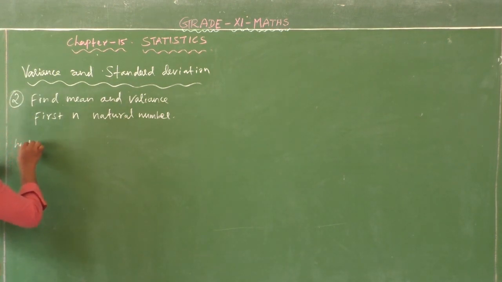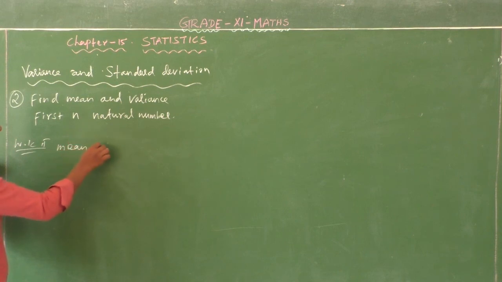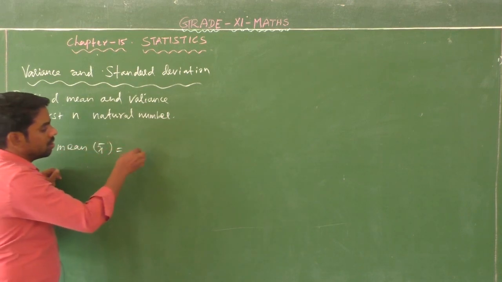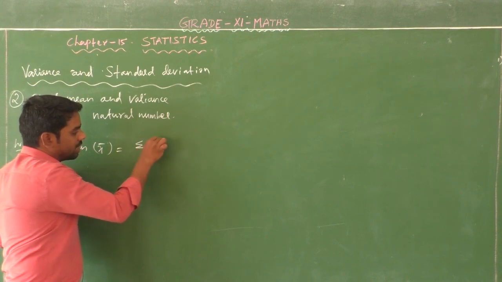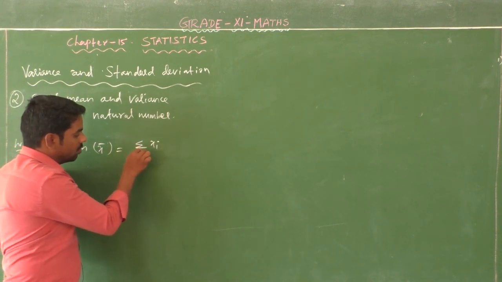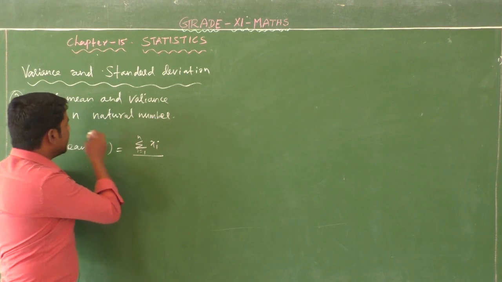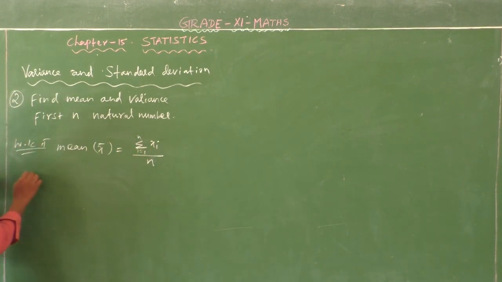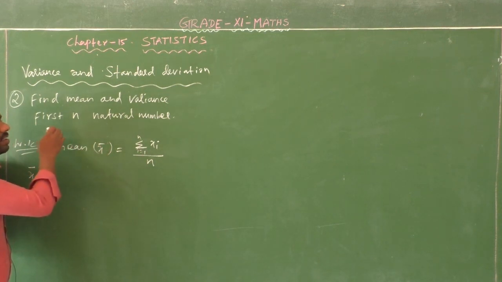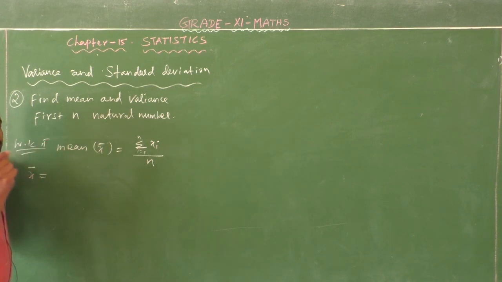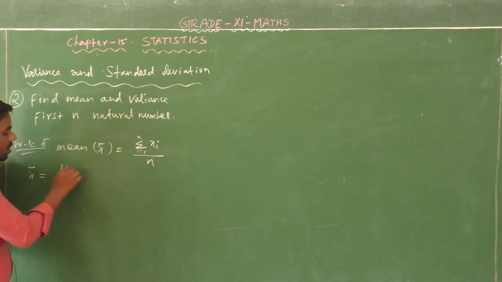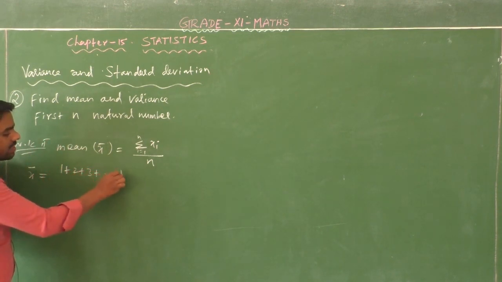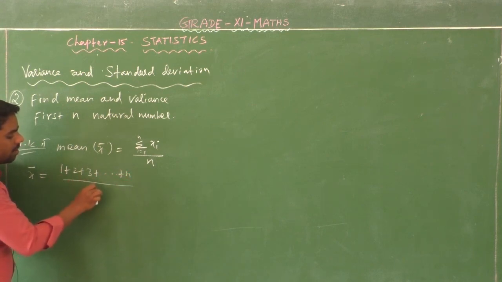You know the main formula: the mean of the given data x bar is equal to the summation of xi, i equal to 1 to n, divided by the number of observations n. So x bar is equal to the summation of xi, meaning for the first n natural numbers, 1 plus 2 plus 3 and so on, plus n, divided by the number of observations n.